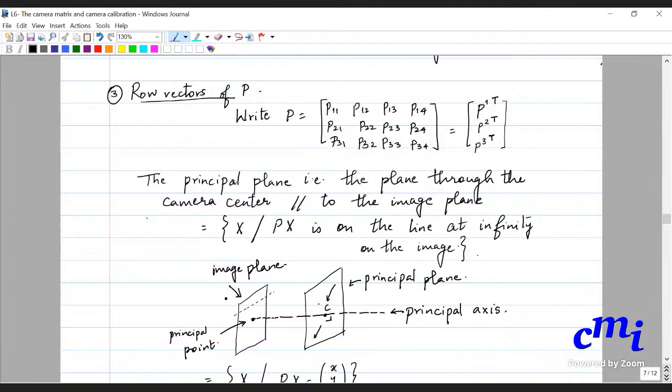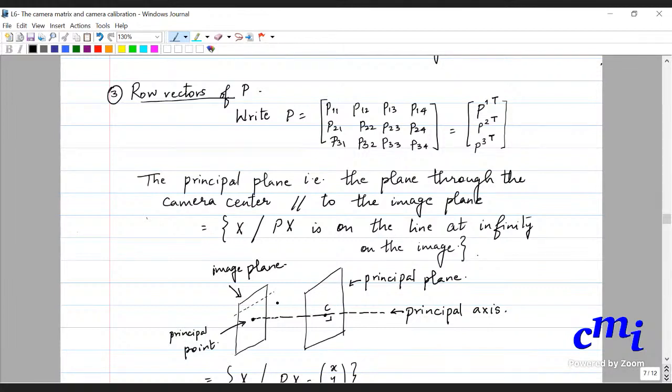We are assuming that both these planes are infinite. But really, you don't see the image of these points at all. So a way of expressing that is to say that these points are mapped to infinity.